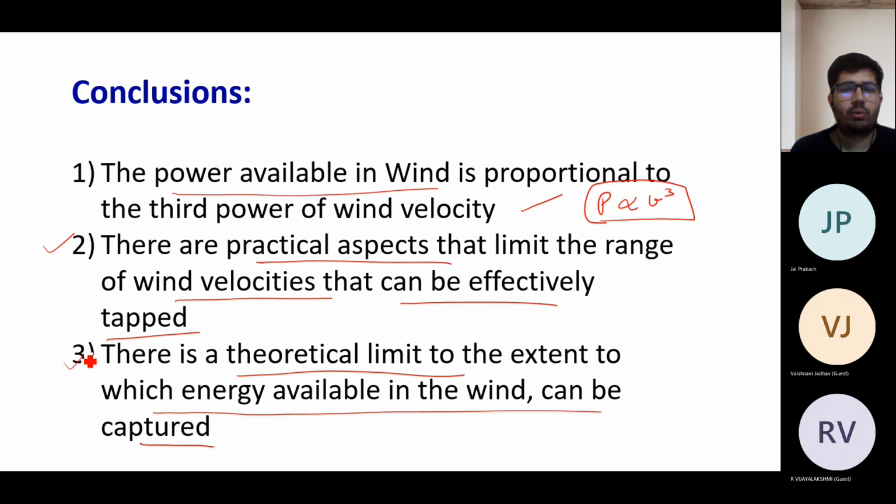Practical limits are due to the generator, the mechanical efficiencies, the blade designs, and various other factors. The theoretical limit is Betz's limit: we can capture a maximum of 59% of wind power theoretically, and with practical aspects, we can capture slightly less.